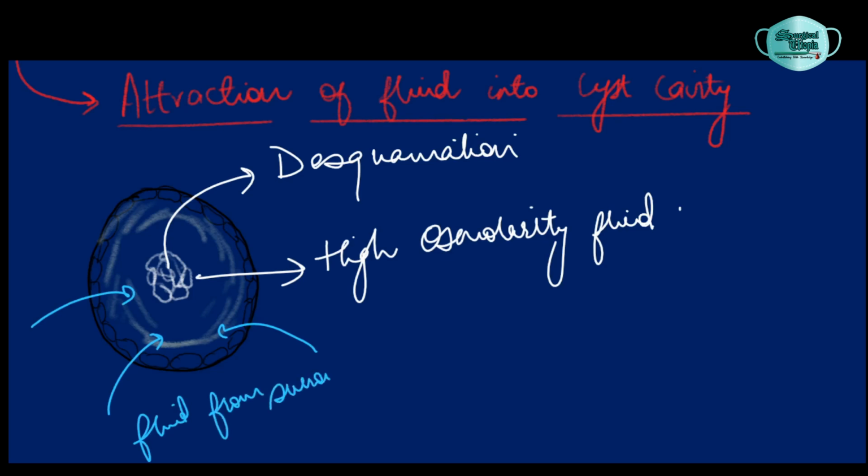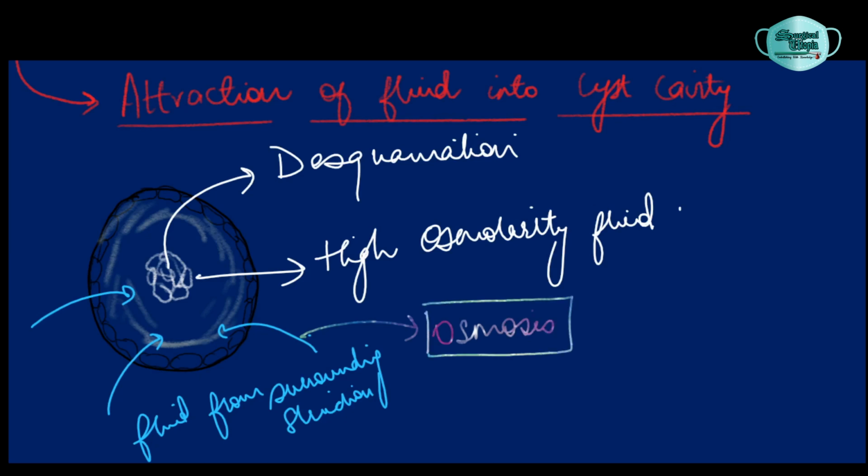So for the attraction of fluid from the surrounding structures into the cystic sac or cystic cavity, the osmotic theory was proposed by Main in the 1970s. According to this theory, the increased osmolarity of the fluid in the center of the cystic lesion will tend to draw fluid from the surrounding tissue spaces into the cystic cavity, as the osmotic pressure inside the cystic cavity is high as compared to the osmotic pressure of the fluid outside it.